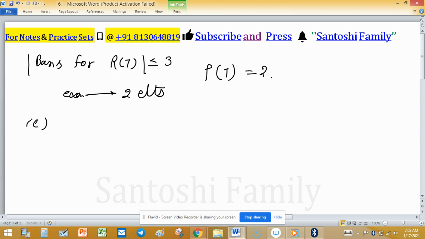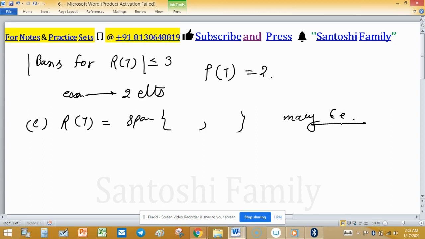And in option C, the range of T is the span of two elements, so it may be true. So we will check this confidently.